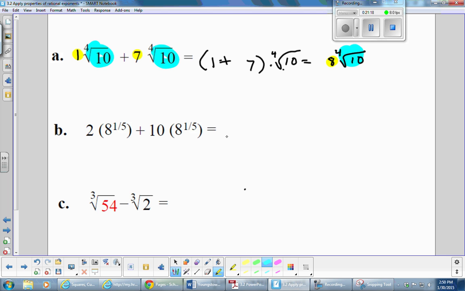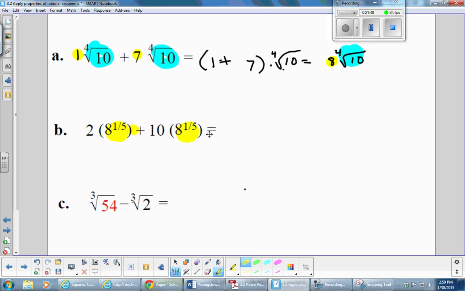Okay, so let's try this one. Now you know they can't all be that easy, but we'll start off easy. If you're looking at this one, you've got a 2 and you've got a 10, right? But they have the same thing. Here, let me highlight again. These are the same things.